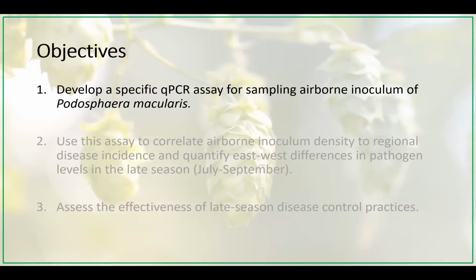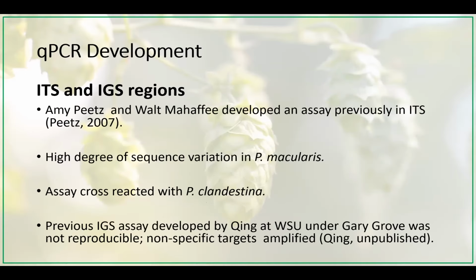So I'll go ahead and talk to you all about that first objective now, and I'll tell you what has been done and what I have done over my year here with Dave so far. So there was a previous assay that was developed in both ITS and IGS regions. Amy Peetz and Walt Mahaffee developed a qPCR assay previously in ITS.